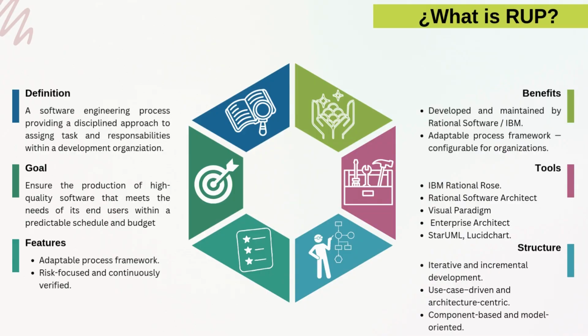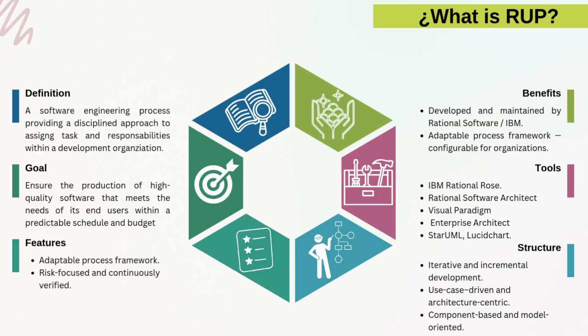So, what is RUP? According to Kruchten, the Rational Unified Process is a software engineering process that provides a disciplined approach to assigning tasks and responsibilities within a development organization. What is its goal?